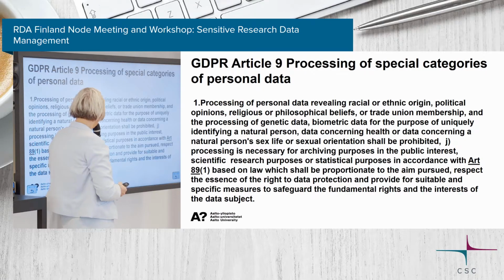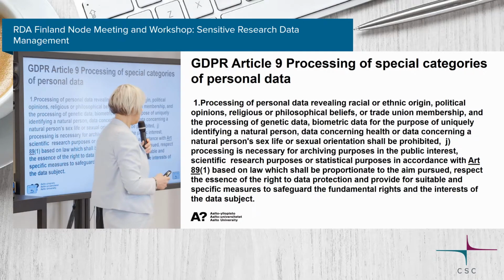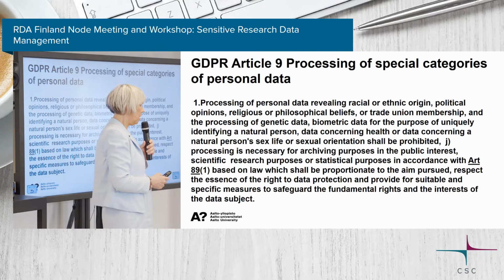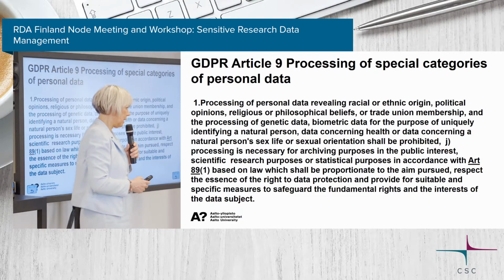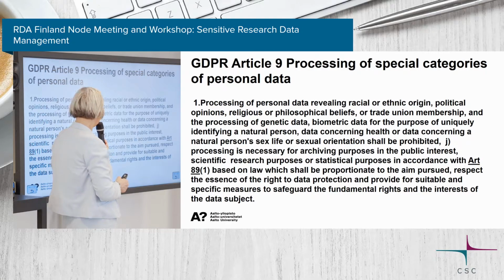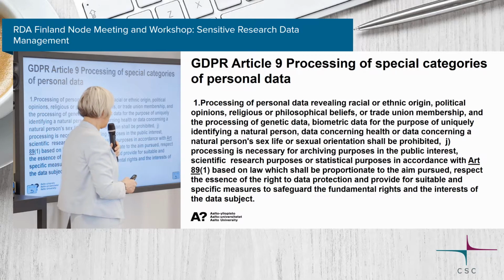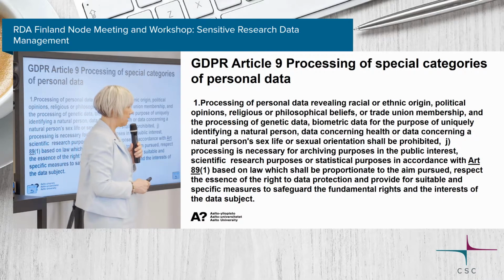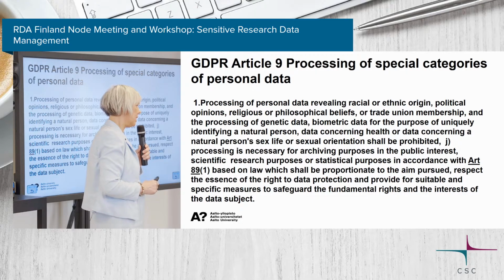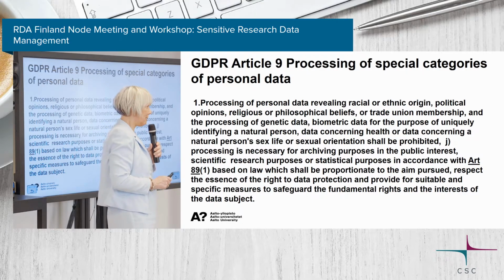And I have only 30 minutes to handle processing of sensitive data. The GDPR has special legislation about special categories of personal data. You might wonder why these are the ones lifted up. It's because the background to these is legislation against discrimination.